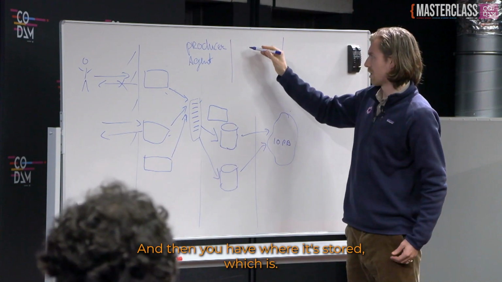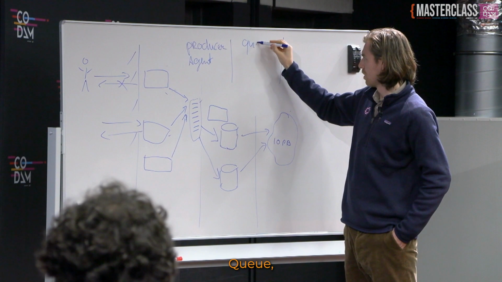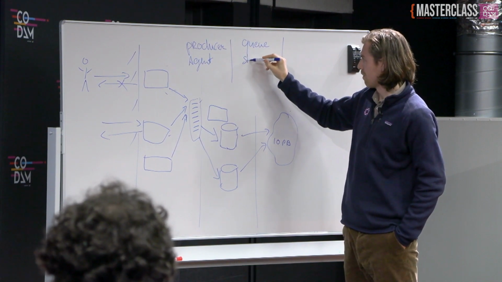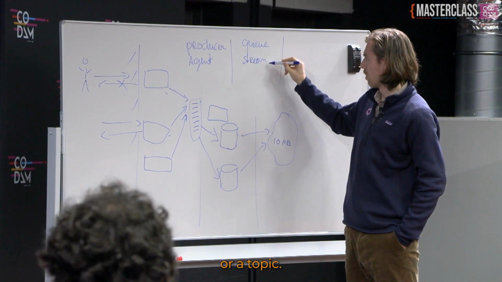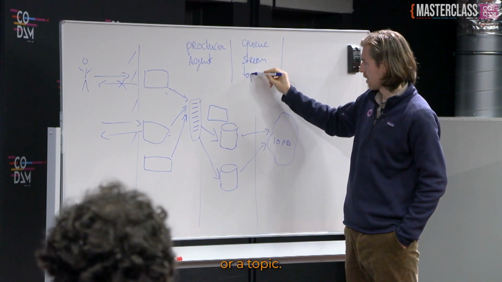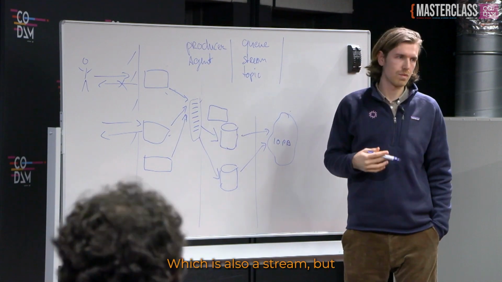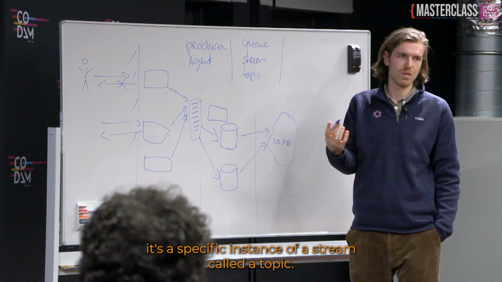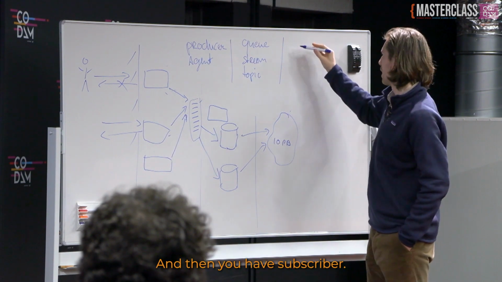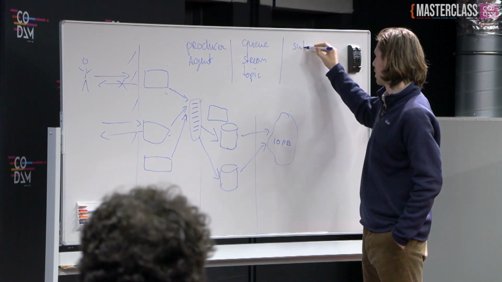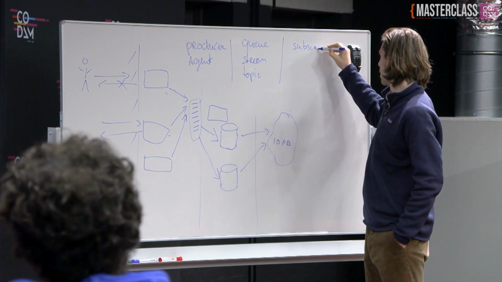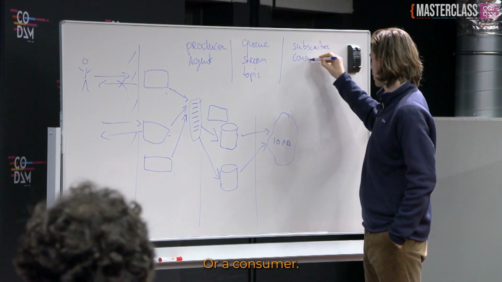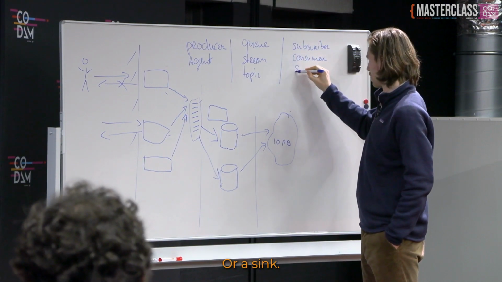Then you have where it's stored, which is the queue or the stream or a topic, which is also a stream, but a specific instance of a stream called a topic. And then you have a subscriber or a consumer or a sink.